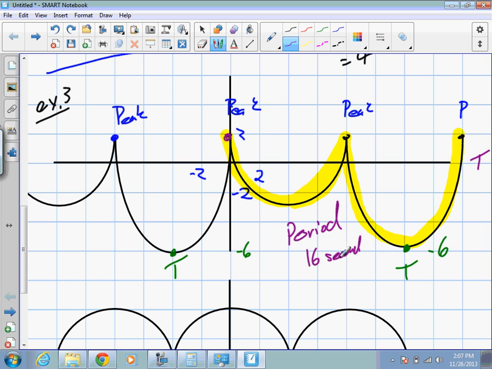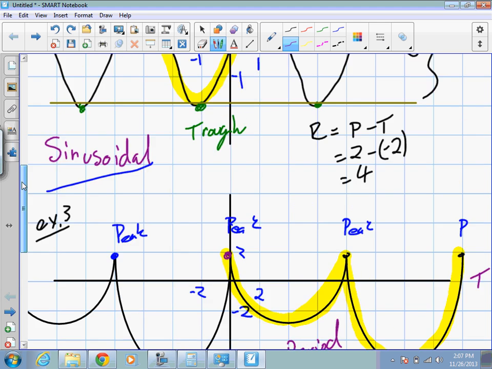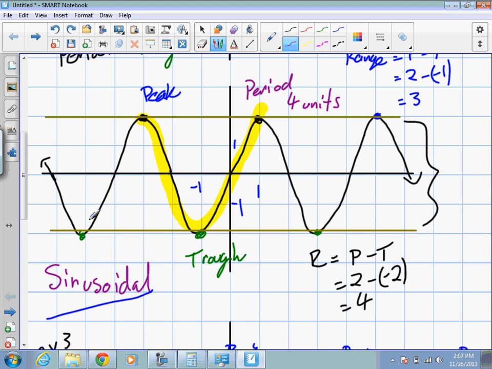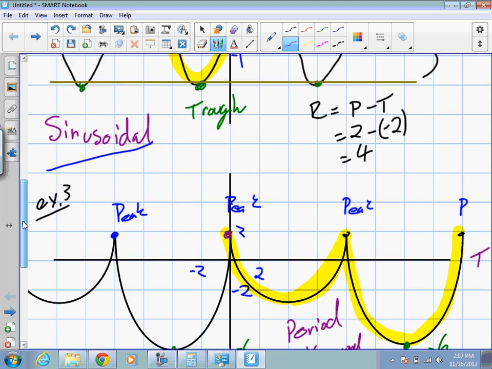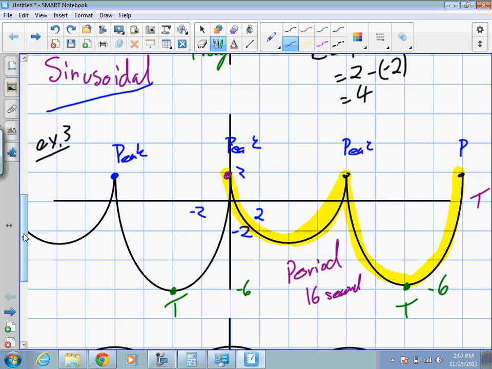Is this sinusoidal? Remember, sinusoidal had a wave, right? So it waved down and then waved up and back and down. What would we call this? Would you call this periodic and not sinusoidal, or just periodic? I would say this is just periodic. In fact, it doesn't have that wave-like pattern.